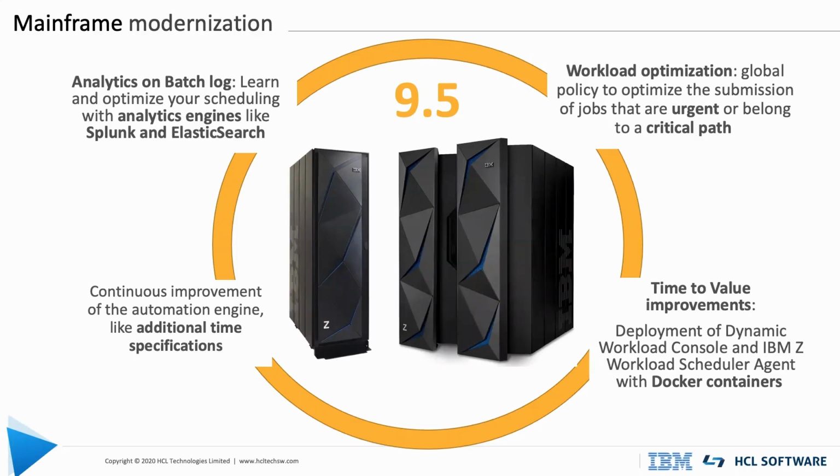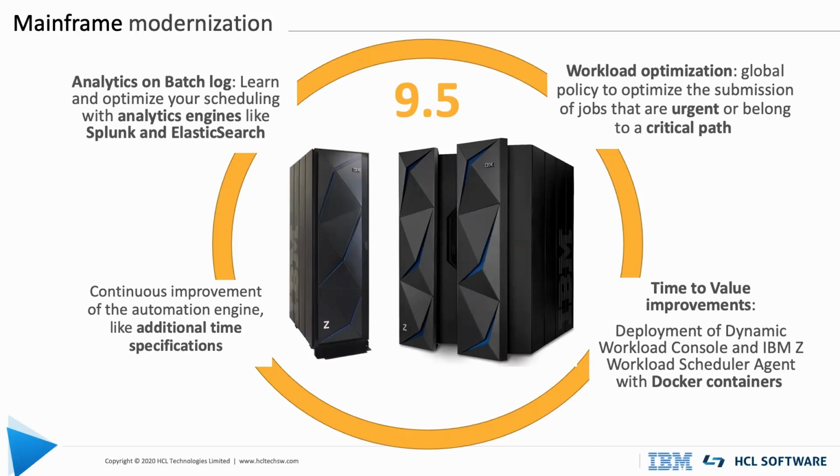All this optimization was done to avoid those queues that often occur when your batch window opens and you have to submit a lot of different jobs at the same time. There's a way to spread them so that the most important are submitted first and the less important are submitted a little later. So spreading the submission of these workloads across a time window, still respecting all the deadlines.